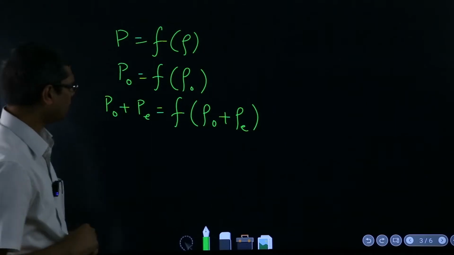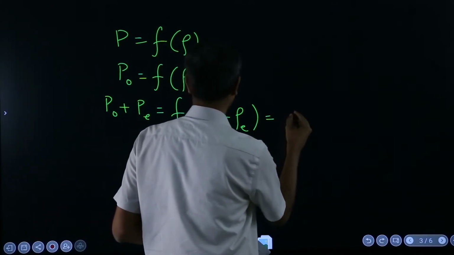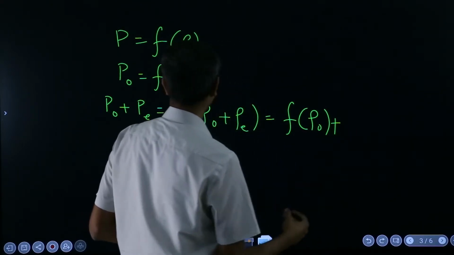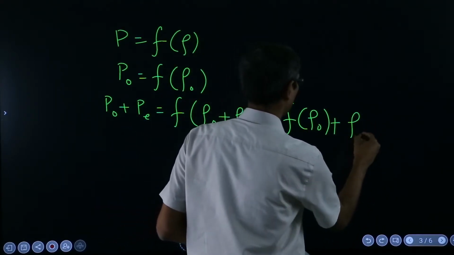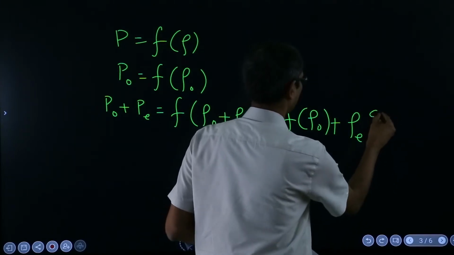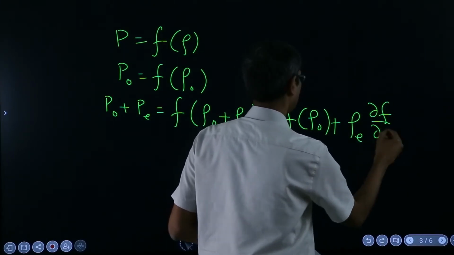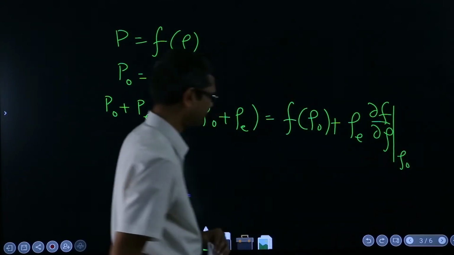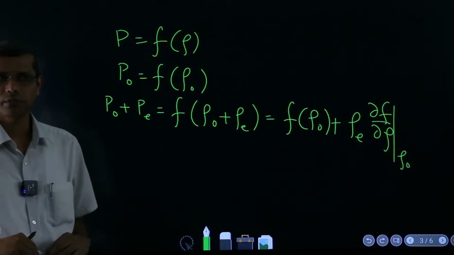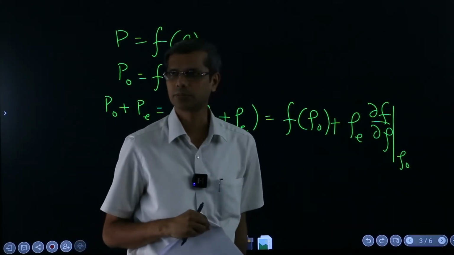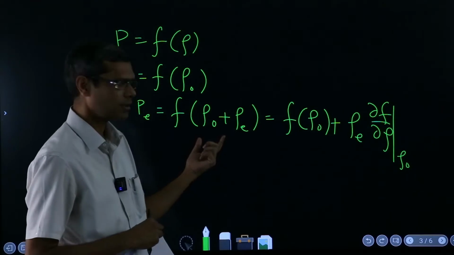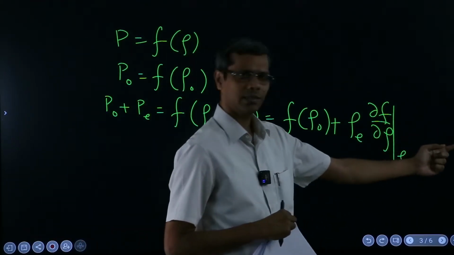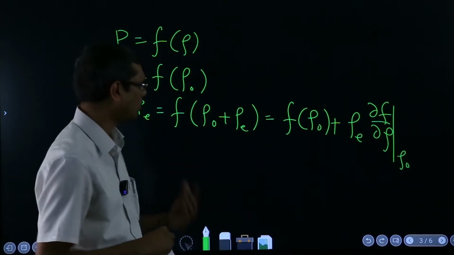Okay, but then this we can write as F of rho naught plus rho excess times df by d rho at rho naught, and neglecting the higher order terms. I just expanded this in Taylor's expansion, and we are neglecting this because everything is small.